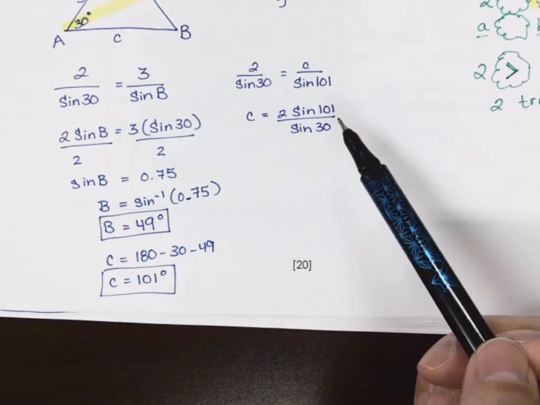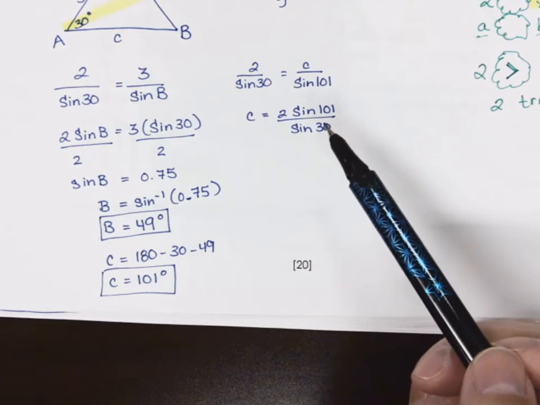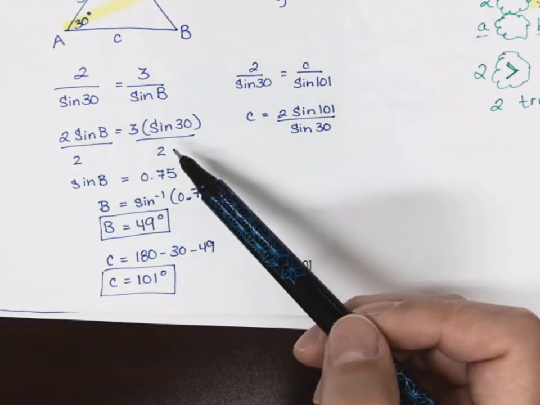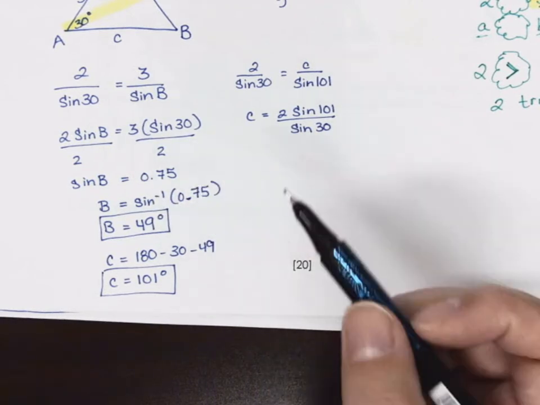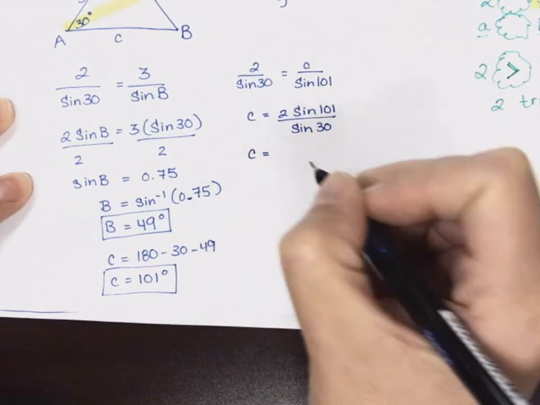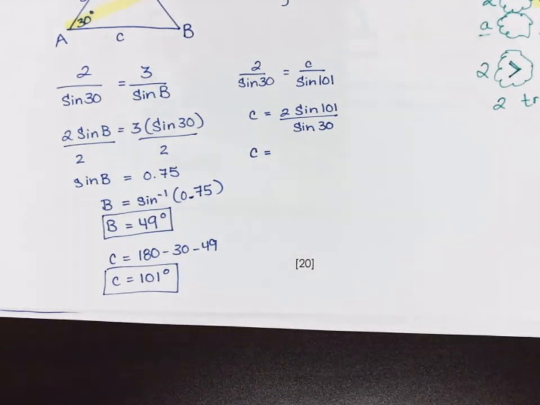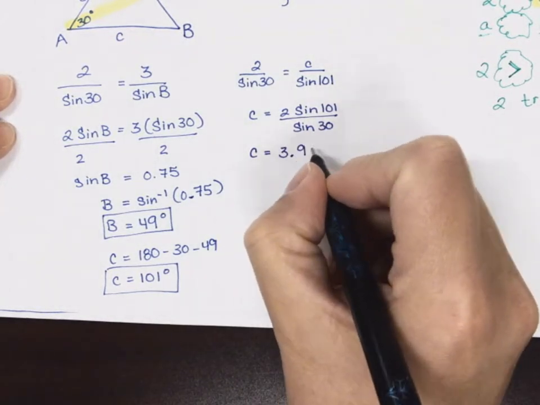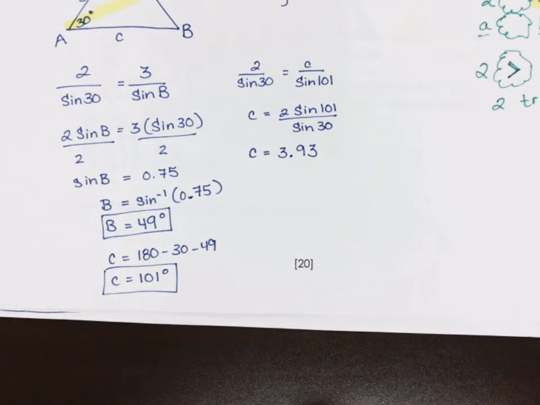Do you like that? Do you not like that? If you don't like it, or you're unsure of it, go back to writing all the steps out. We'll round to 2 decimal places just so that we're good.